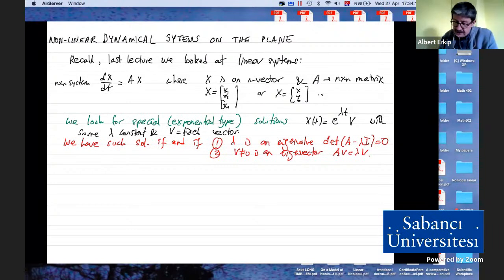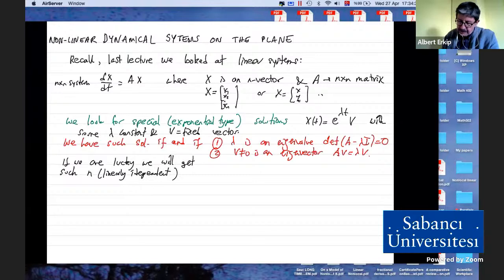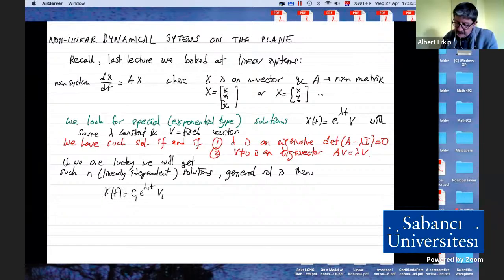Now, in general, if we are lucky, we will get such n linearly independent, if you know linear algebra, or different solutions, and the general solution is then the following: x(t) equals c1 e to the lambda 1 t v1 plus c2 e to the lambda 2 t v2 plus, up to cn e to the lambda n t vn.